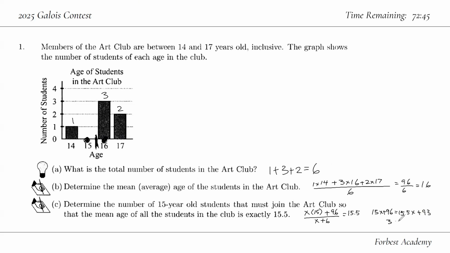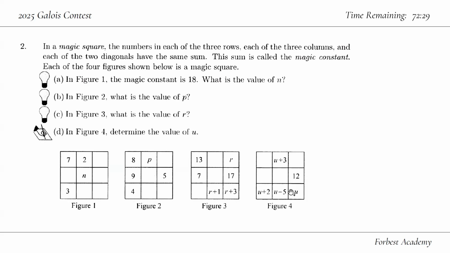This gives us 3 equals 0.5x, so x equals 6 as we expected. So these are our answers to these three questions: 6, 16, and 6. All right, let's keep going.